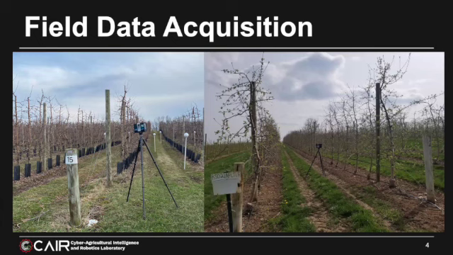So since the start of this project, we continuously scan the orchard in both Geneva and Ithaca, and some of these commercial apple orchards around upstate New York, trying to get their 3D point clouds using the state-of-the-art laser scanner we can purchase from the market.